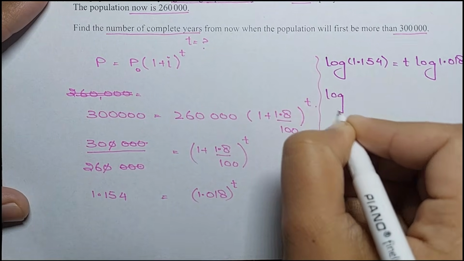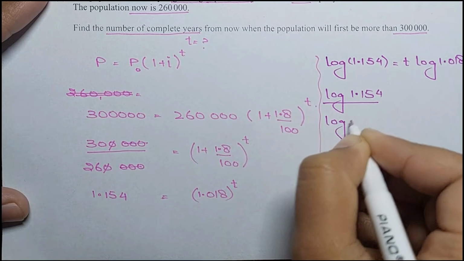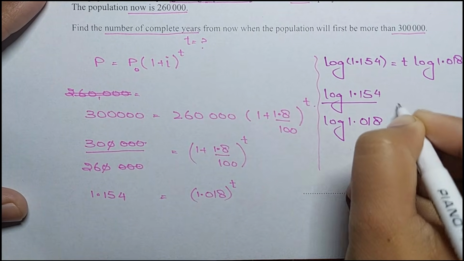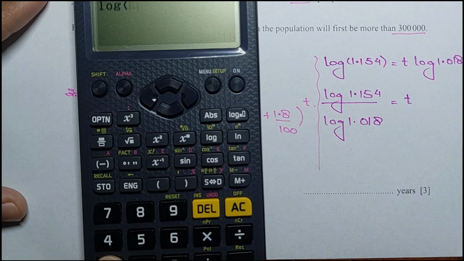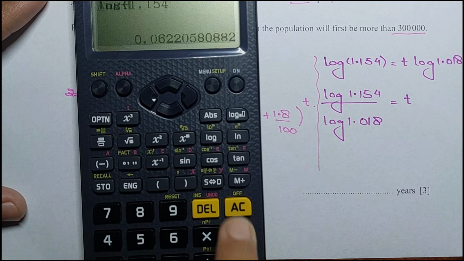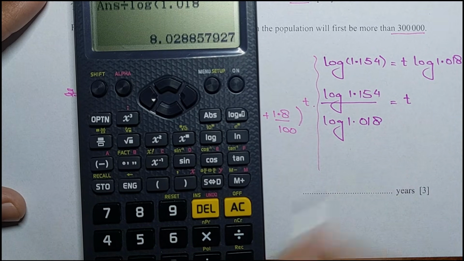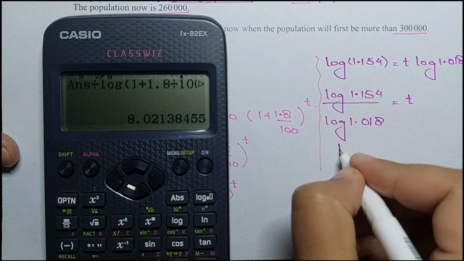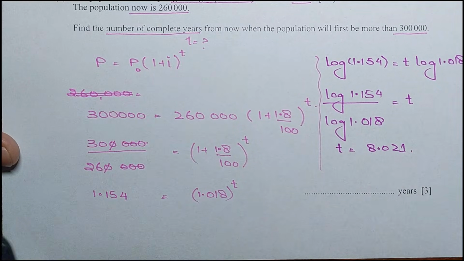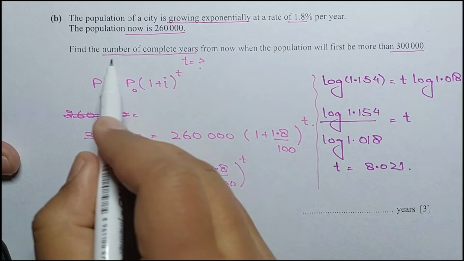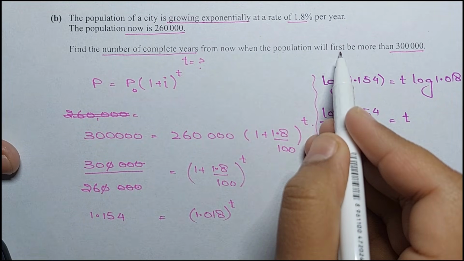So log 1.154 over log 1.018 becomes T. Okay, log 1.154 divided by log 1.018. So this T would be equal to 8.021.